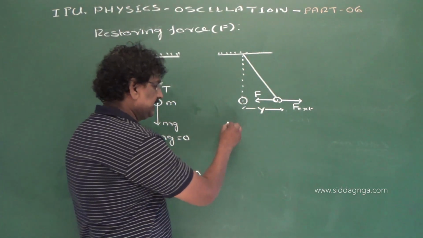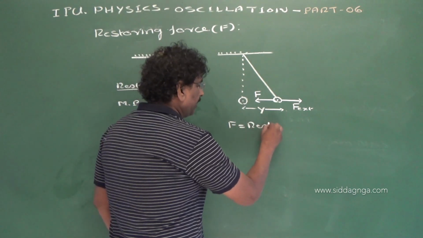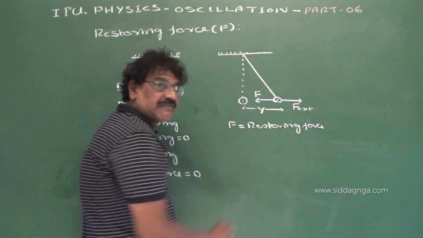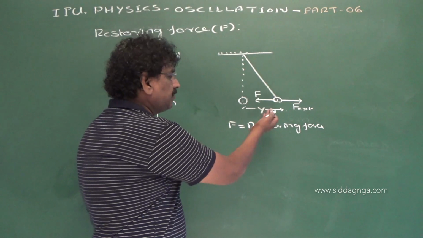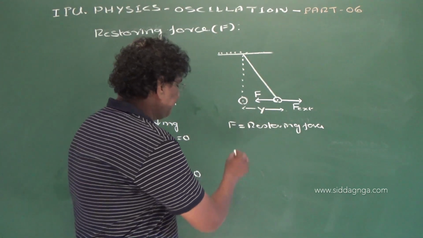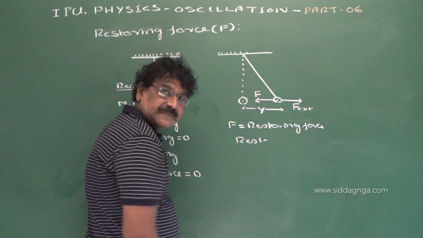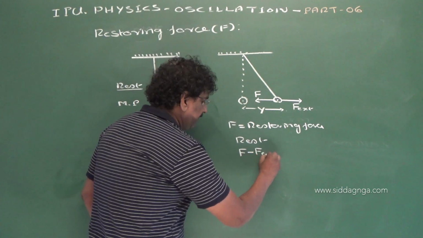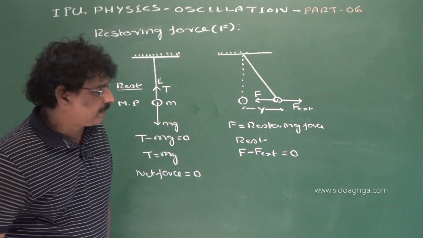This force F is called restoring force. Again, as the bob is at rest, F minus F external is equal to 0.